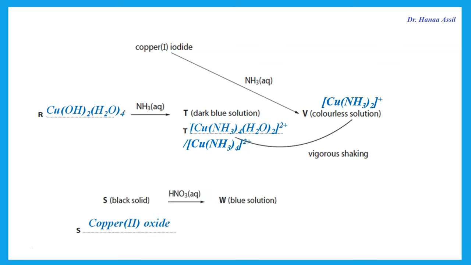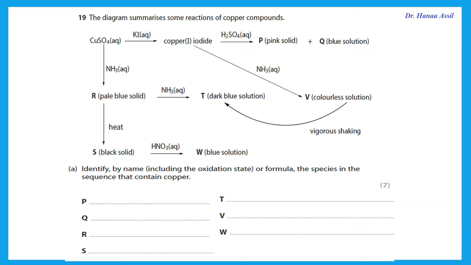Then we said S was copper oxide. When we add nitric acid to it, what would be the blue solution? Of course, the blue solution is the copper 2 plus in solution, which is the copper with 6 water complexes.